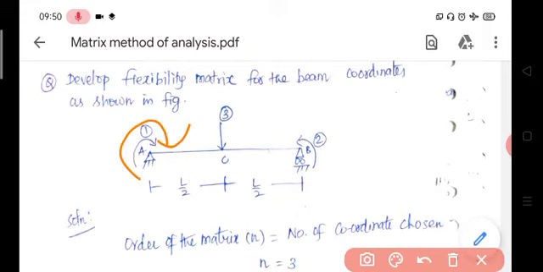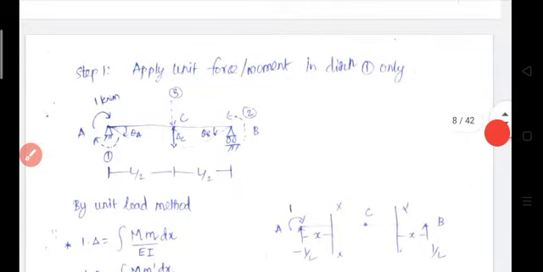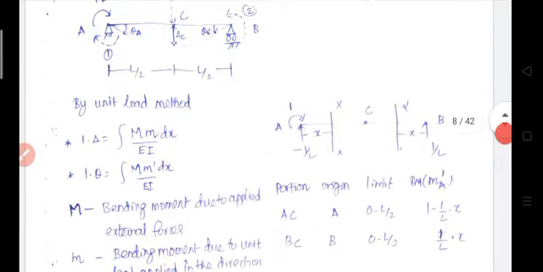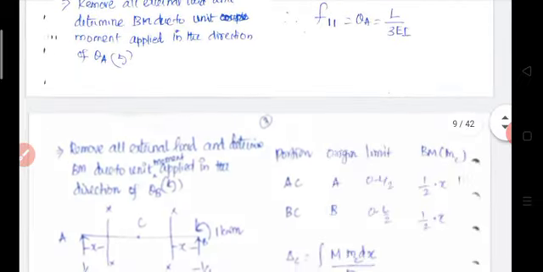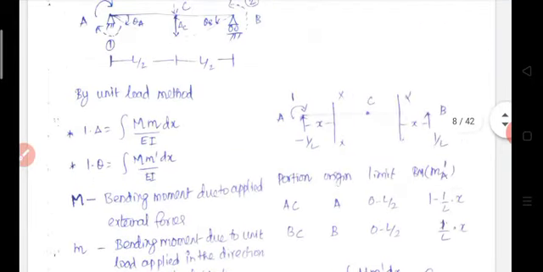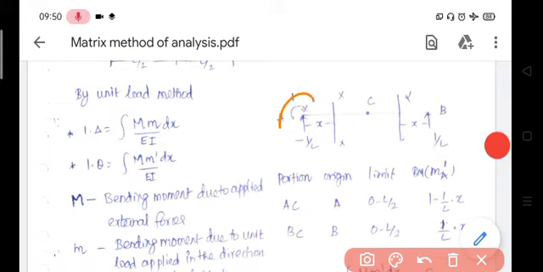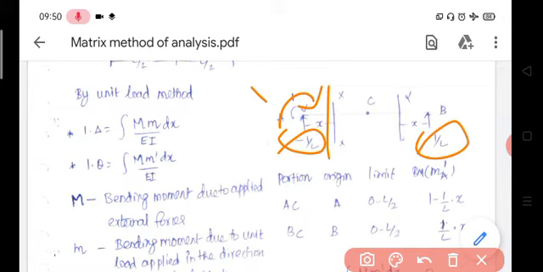Coordinate 1 is a clockwise moment at end A. So first we apply a unit moment at support A, then determine the support reaction, then determine the bending moments in the AC portion and BC portion.